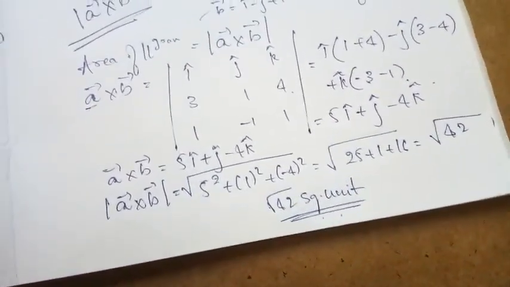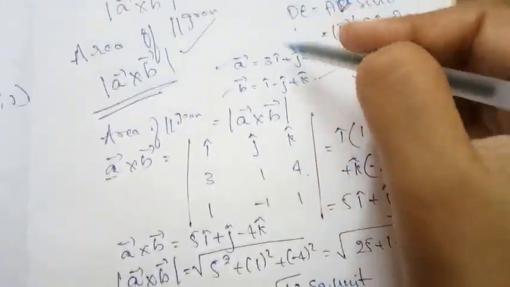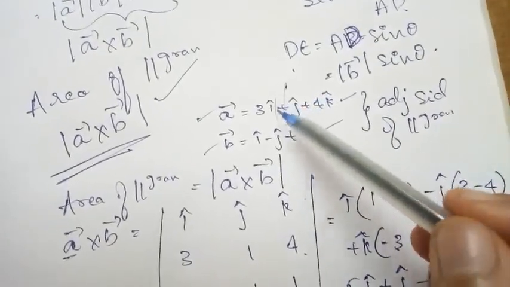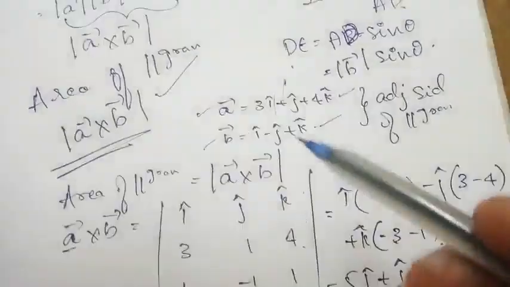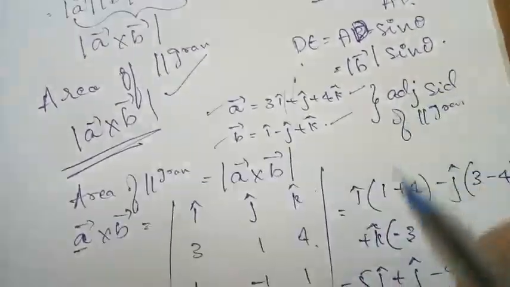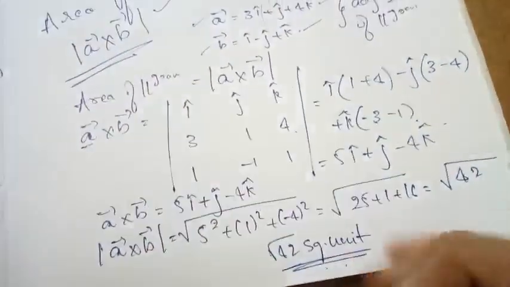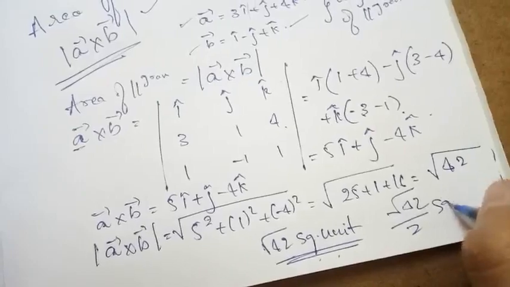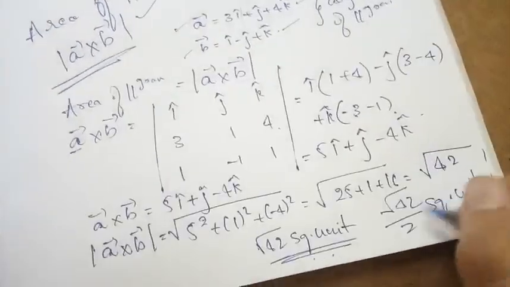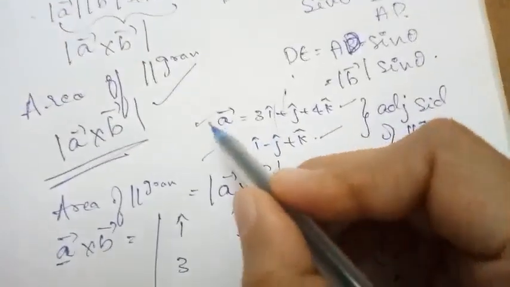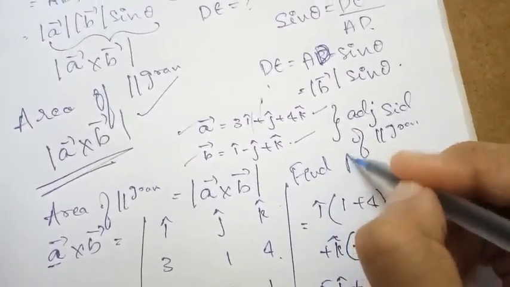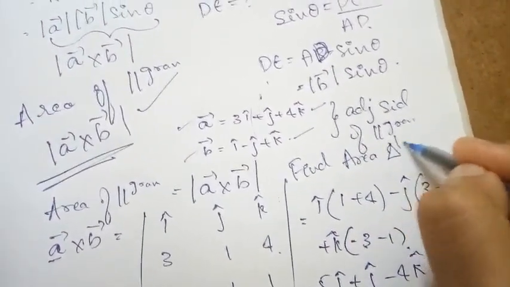So this is how we got the area of a parallelogram when any two adjacent sides are given. Suppose they have given you any two adjacent sides of a parallelogram and asked you to find the area of a triangle: first find the area of the parallelogram as usual.